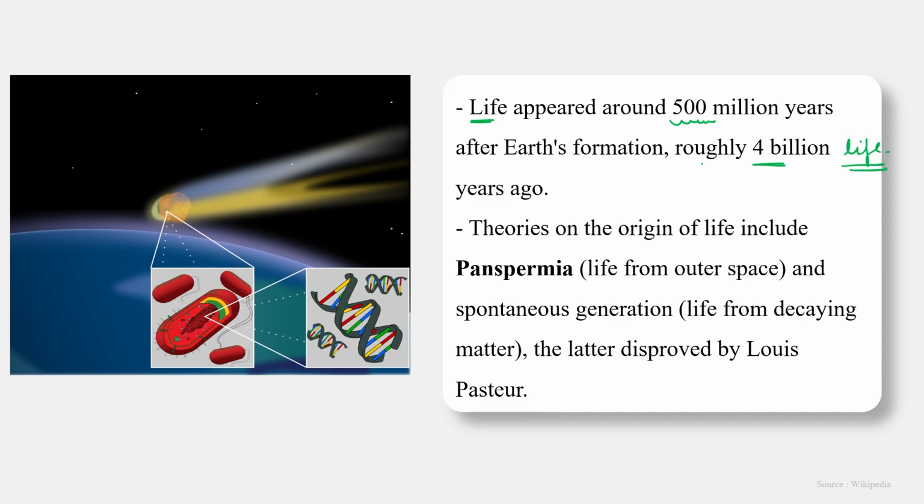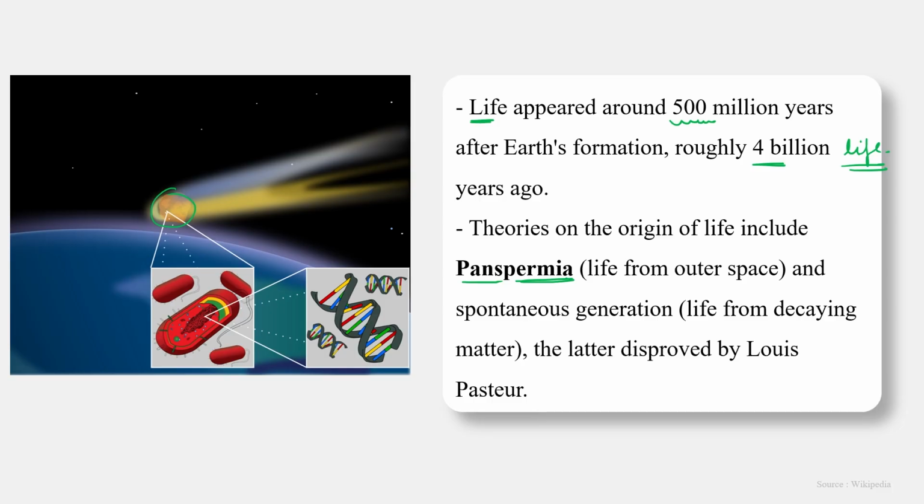Okay, so there were many theories about how the origin of life occurred on the earth, in which the main theory was panspermia, which suggested that life comes from outer space, from some other planet or some other galaxy.